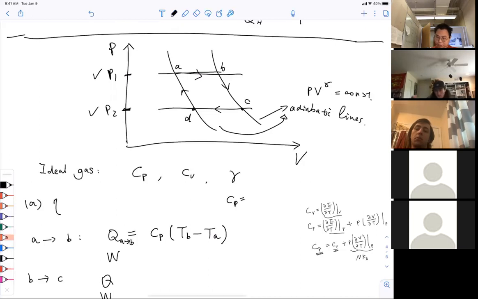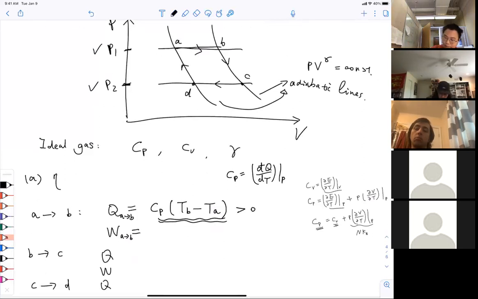Remember, CP is dQ/dT at fixed P. By the way, this is a positive number, meaning that in the process A to B, the system is absorbing heat from the environment.